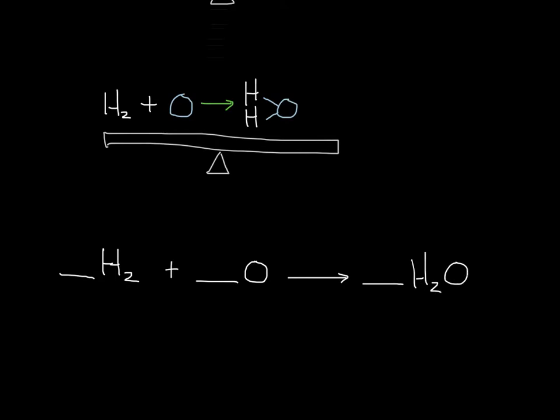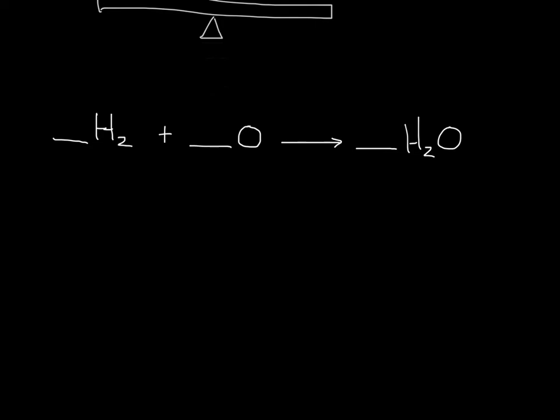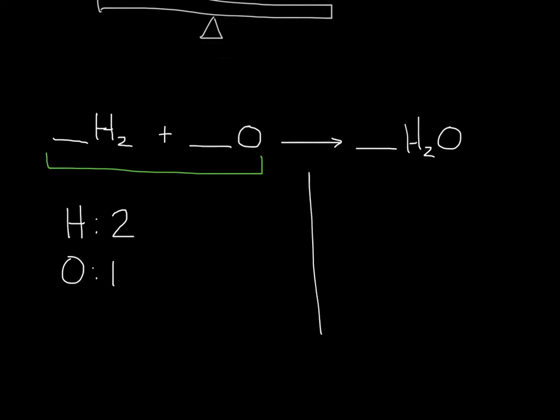In this case, on the reactant side I'm putting in hydrogen and oxygen, and this molecule of hydrogen has two hydrogens in it, so I'm starting with two hydrogens, and I'm also putting in one oxygen.